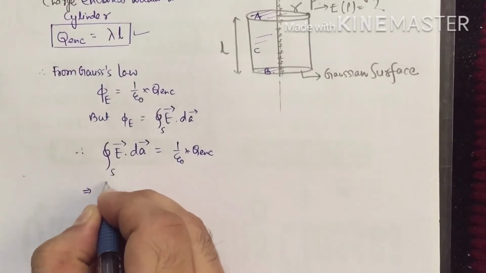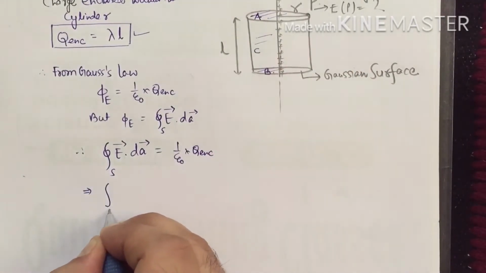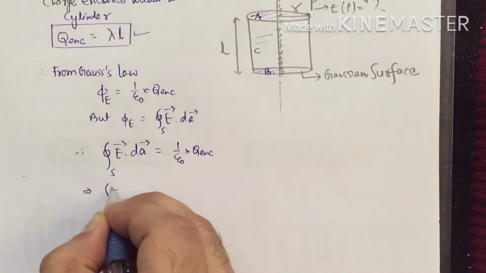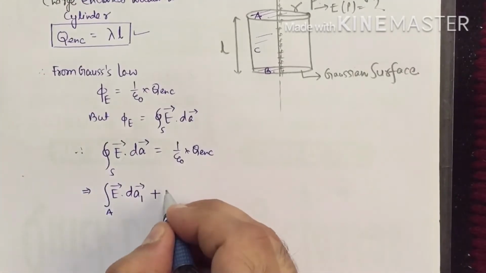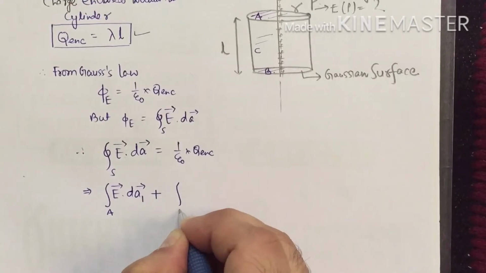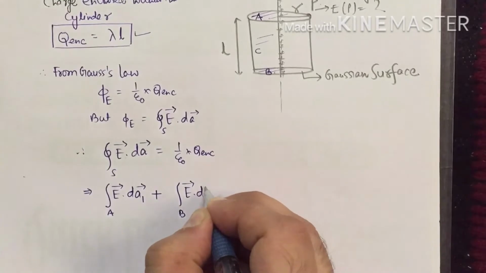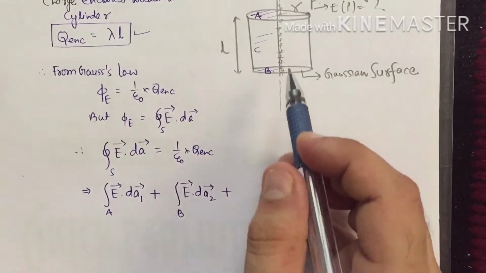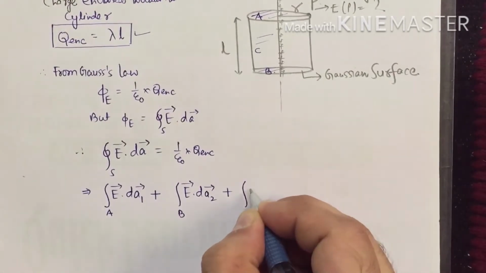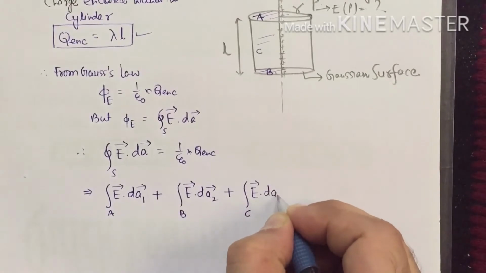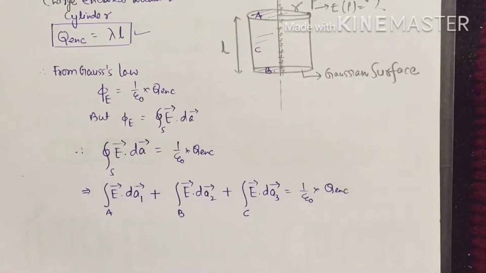This implies that, so for the upper surface A, we have integral over the upper surface A, E dot dA1 vector, plus for the lower surface we'll have integral for the lower surface B, E dot dA2 vector, plus the middle surface, that is a curved surface, integral over the closed curved surface C, E dot dA3 vector, and this is equals to 1 by epsilon naught times Q enclosed.